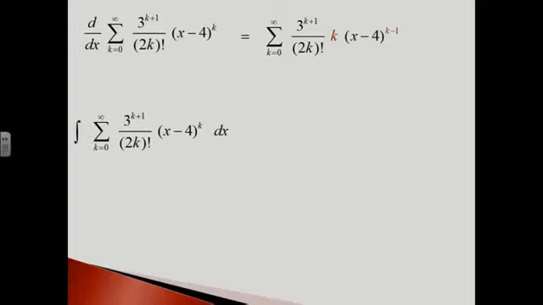The integration can also be carried out term by term, and the result is 3 to the power of k plus 1 divided by 2k factorial multiplied by 1 divided by k plus 1 multiplied by x minus 4 to the power of k plus 1, plus c.